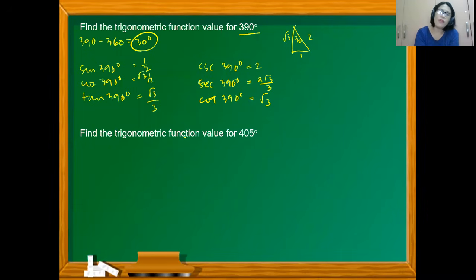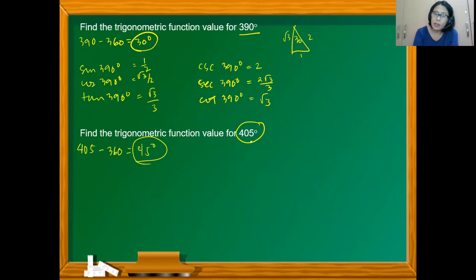How about the trigonometric function value for 405? So again, we're going to find the smallest positive angle coterminal with 405. And that is obtained by subtracting 360 from 405. So subtracting 360 from 405, we get 45. And likewise, we will evaluate the TFVs of angle measures 45.